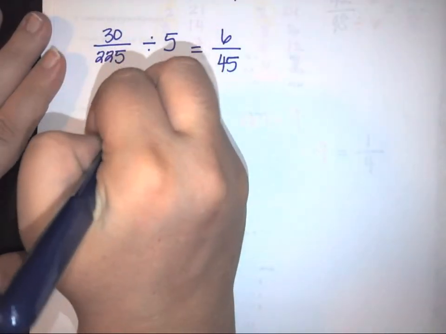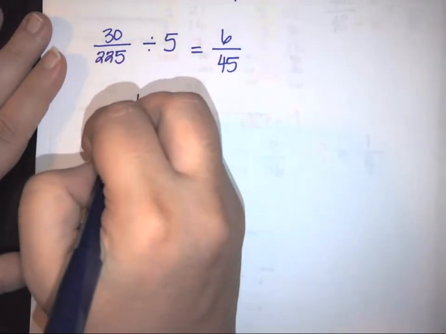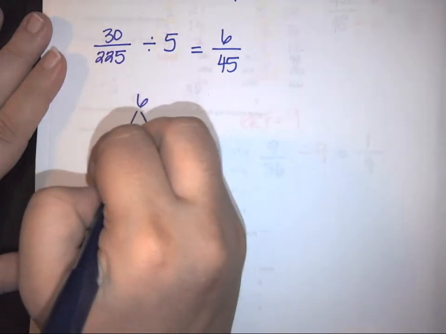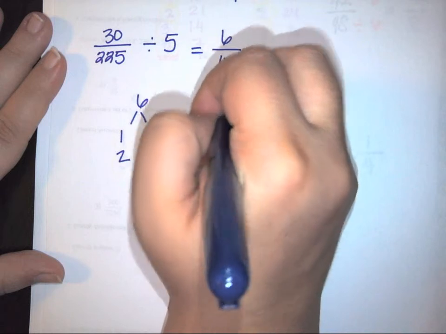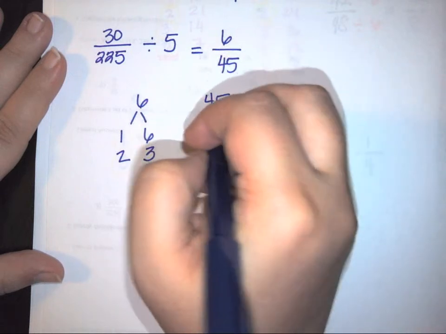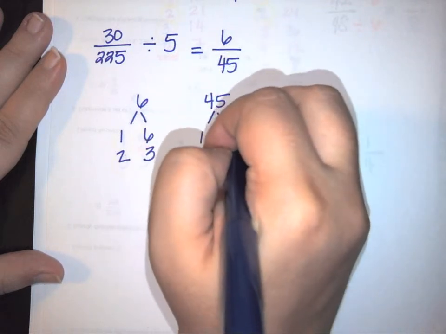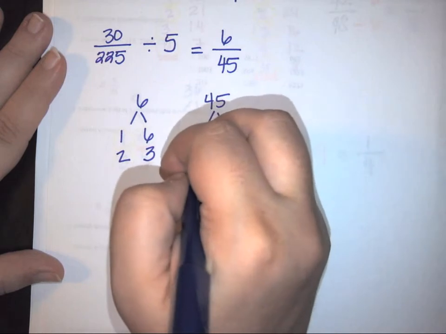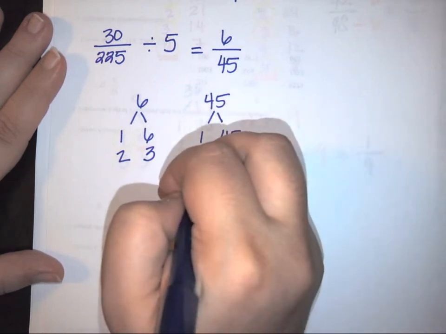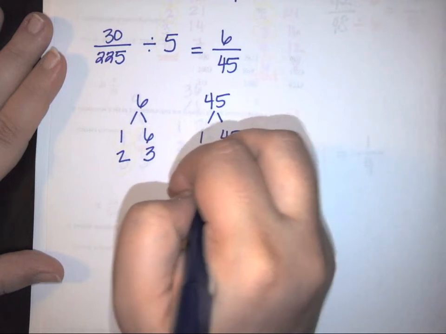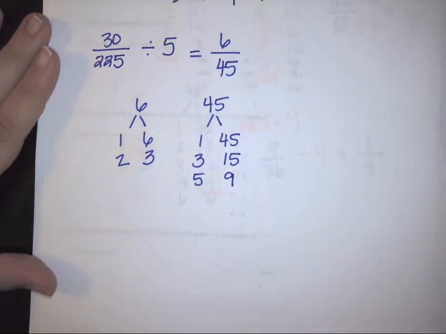If I look at 6, this breaks into 1 and 6, 2 and 3. If I look at 45, this breaks into 1 and 45, 3 and 15, 5 and 9.